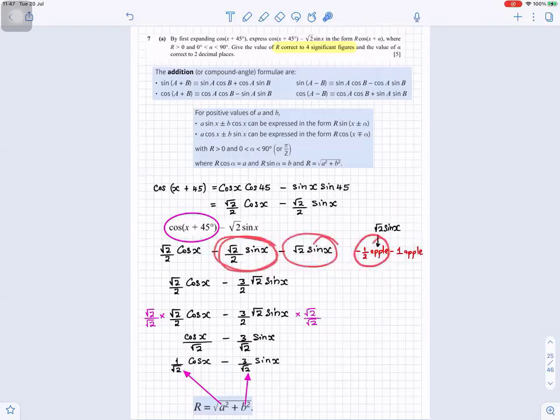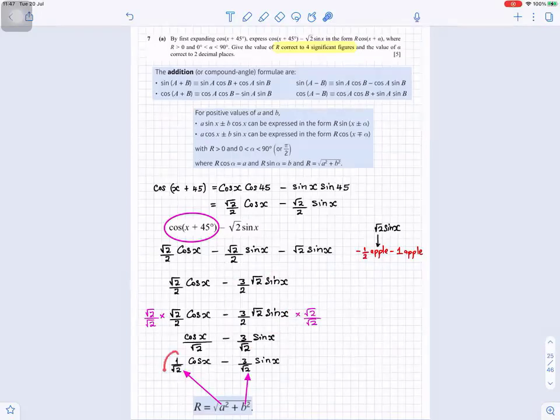So imagine it's minus a half apple minus 1 apple, which gives you minus 3 over 2 root 2 sine x. So we have root 2 cos x over 2 minus 3 root 2 sine x over 2. Now we can multiply by root 2 over 2, and multiply this side by root 2 over 2. So we get cos x over root 2 minus 3 sine x over root 2.